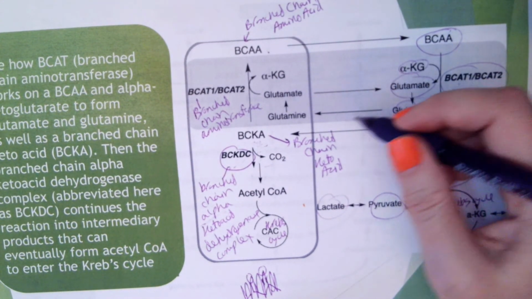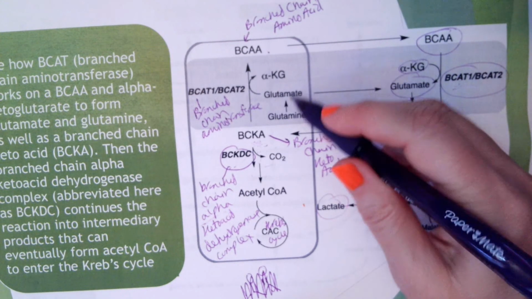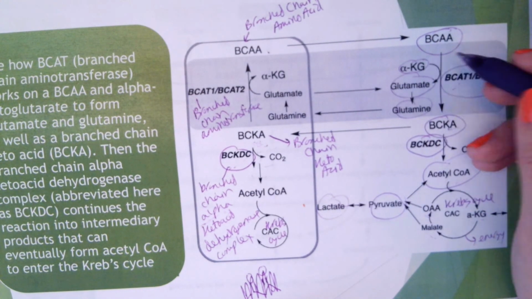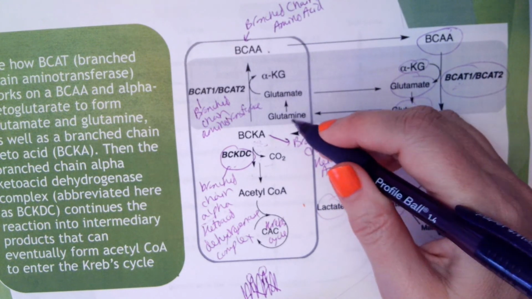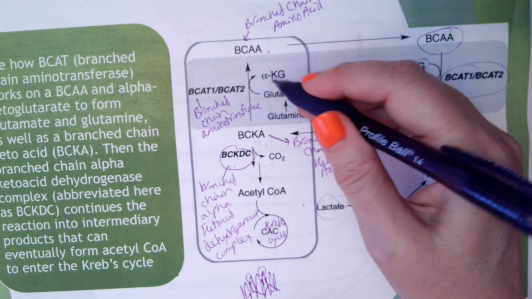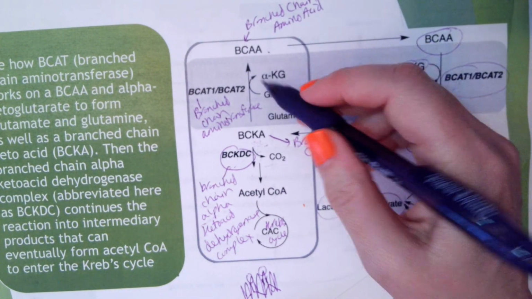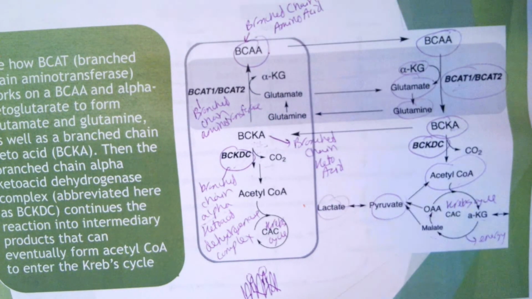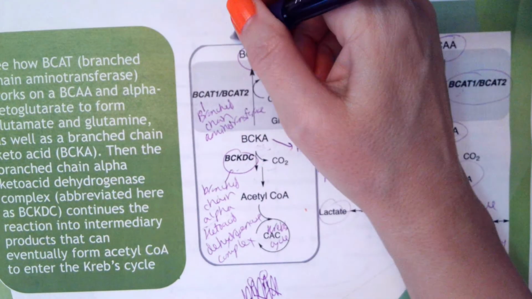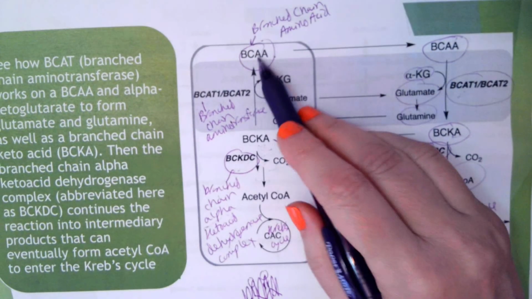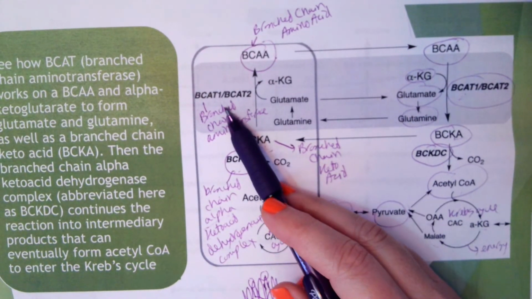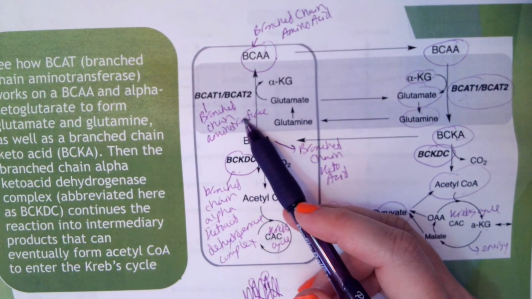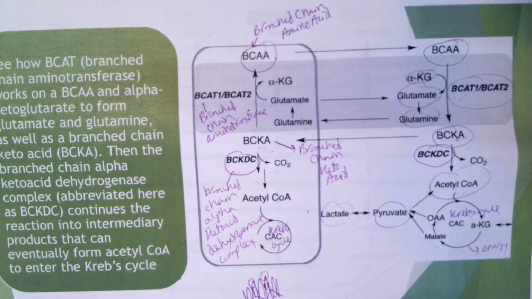So the glutamine can go backwards, we don't just have to do alpha ketoglutarate into glutamate into glutamine. We can do the backwards way, glutamine into glutamate, creating in the end alpha ketoglutarate, and we could do protein synthesis here. So we can make the branched chain amino acid in this way using the same enzyme. So it's still just the branched chain amino transferase, but it's doing something different here.